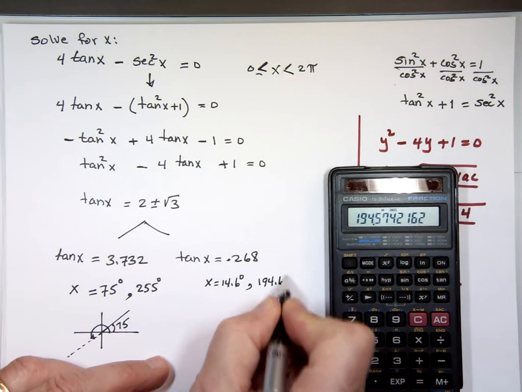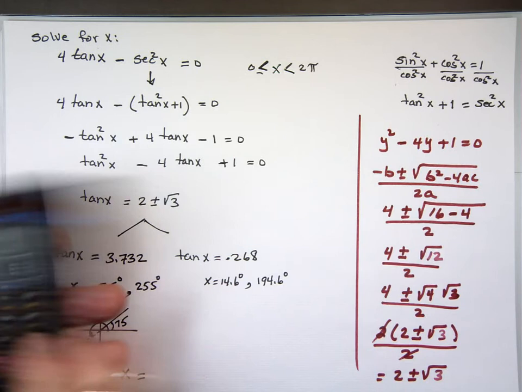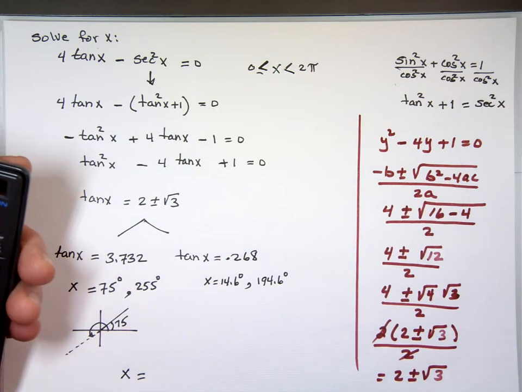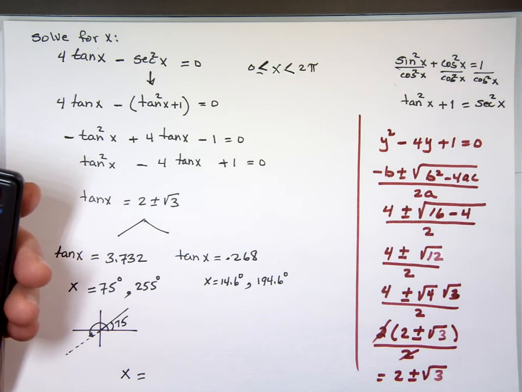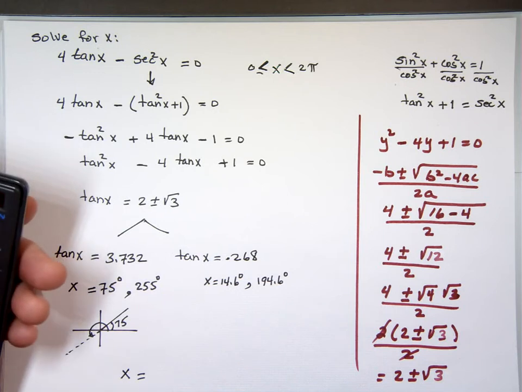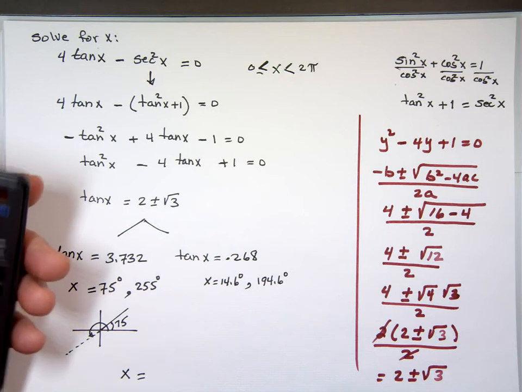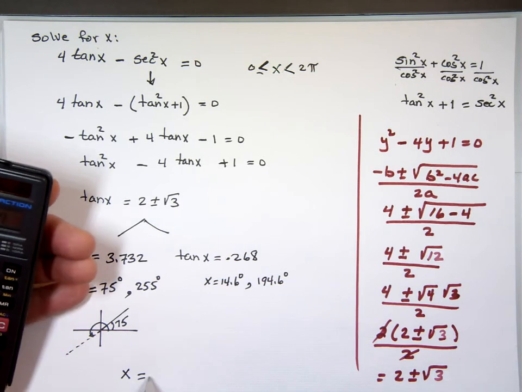So if you want to find them in radian, here we go. Since I don't have that button here, I just don't know how to use it. No big deal. You multiply by pi divided by 180. So we'll begin with the smallest value, 14.6 times pi divided by 180. 0.255.